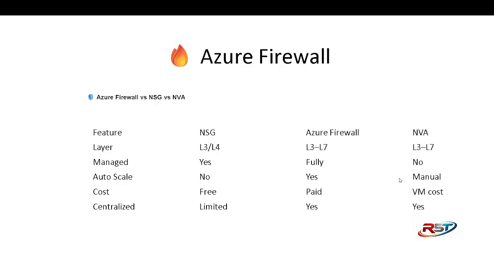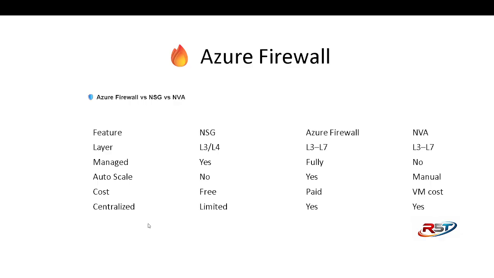Network virtual appliance, auto scale but manual. Cost: NSG is free, we can create it free of cost. Azure Firewall is a paid service. For network virtual appliance, we pay only the VM cost, because we configure it in one VM.